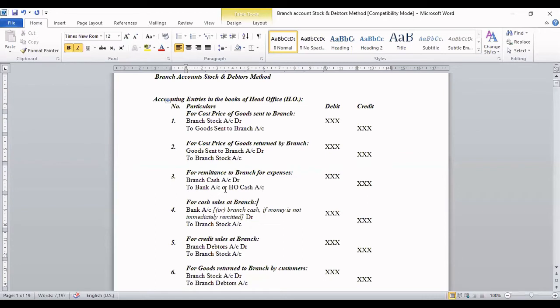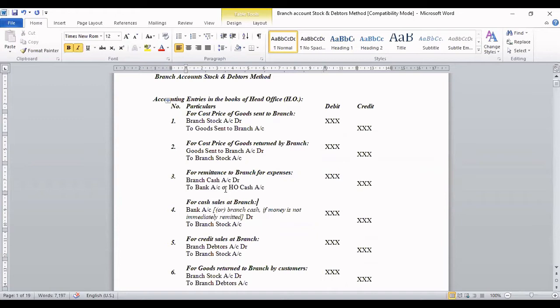Next entry, for when the goods are sold by a branch on cash basis. Now here two things can happen. There is a possibility that whatever cash branch collects, immediately they directly give to the head office.